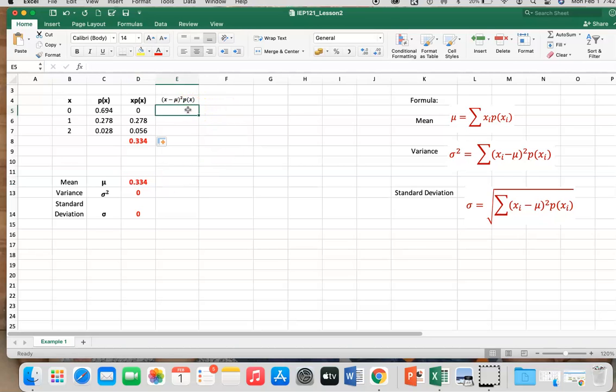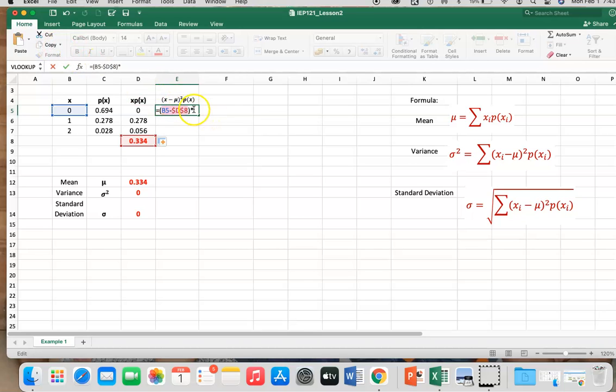Next, we need to solve for x minus the mean, squared, times p of x. So we have x minus our mean, and then let's use F4 so that the value won't change. And because it's squared, let's multiply it by itself.